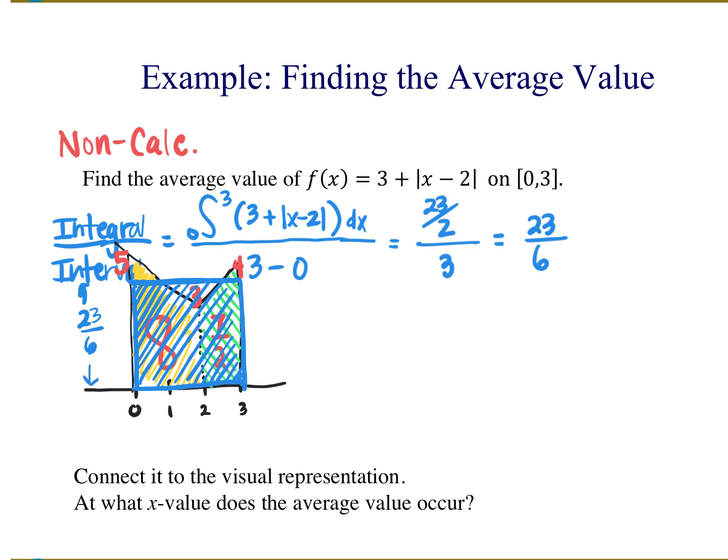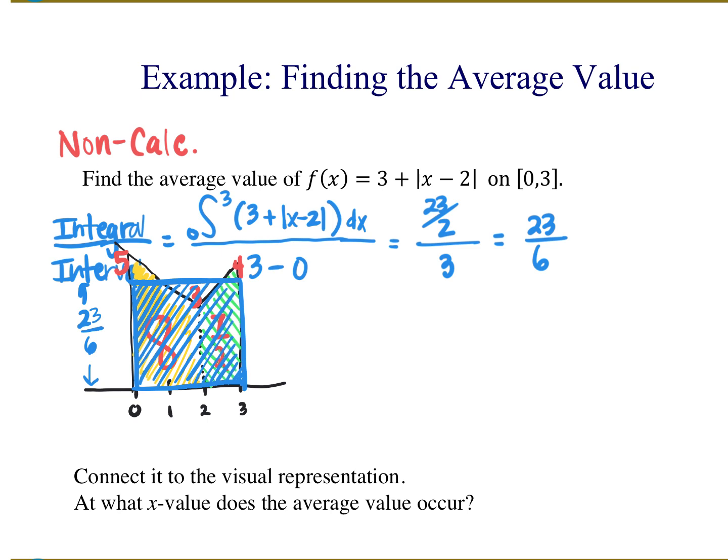Okay, that rectangular height, that's the meaning of it. Those two things would come out to be equal. Then they might say, where does that occur? In other words, where does the 23/6 intersect with the absolute value? How many times does it intersect?